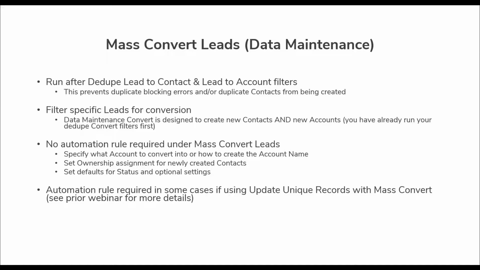And in some cases, if you're using that older style of convert, then you may be required to use an automation rule for that. We do have some webinar and documentation if you're using the update unique records mass convert rather than the new mass convert section, which we're about to cover in just a second.